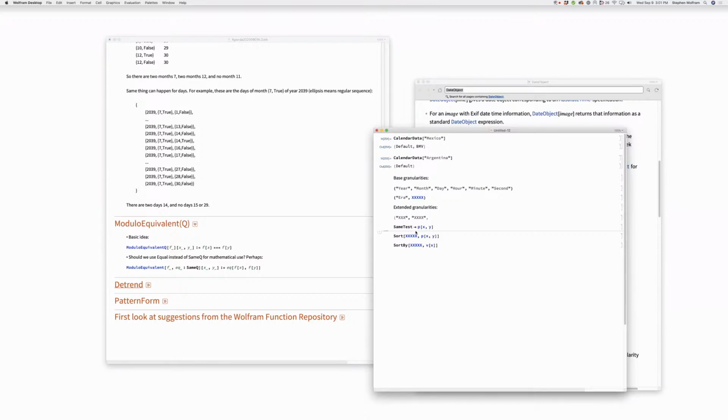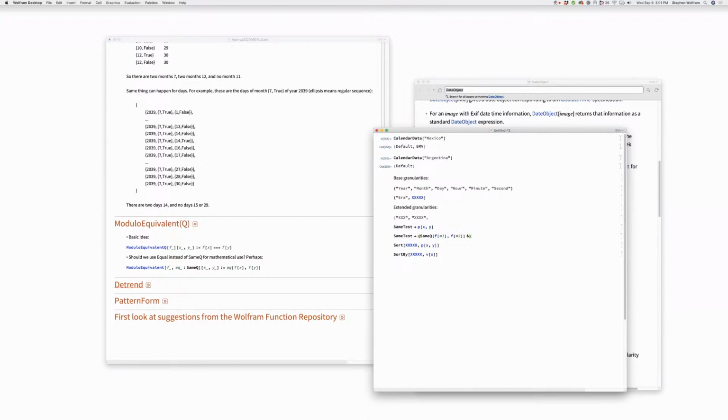Obviously. Right, obviously you can just write SameQ[f[#1], f[#2]]. Yeah, which people sometimes do. Right, this is more of a conceptual thing.